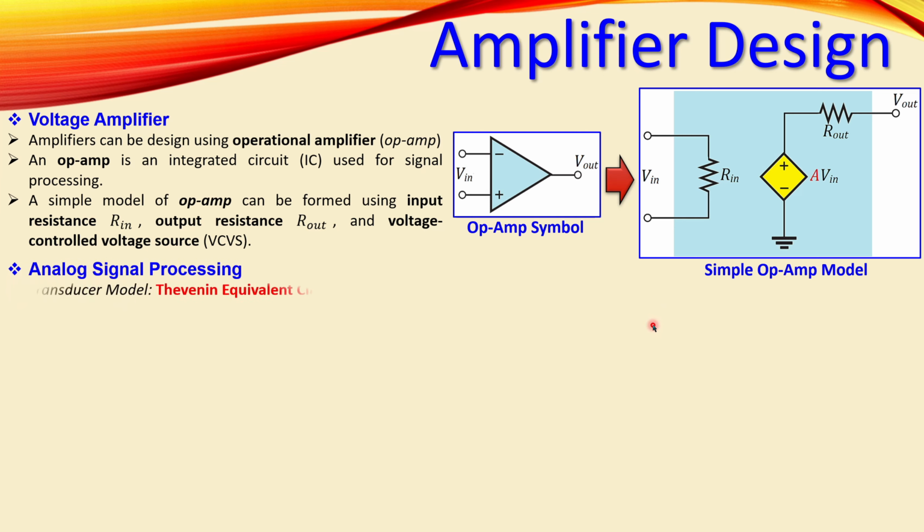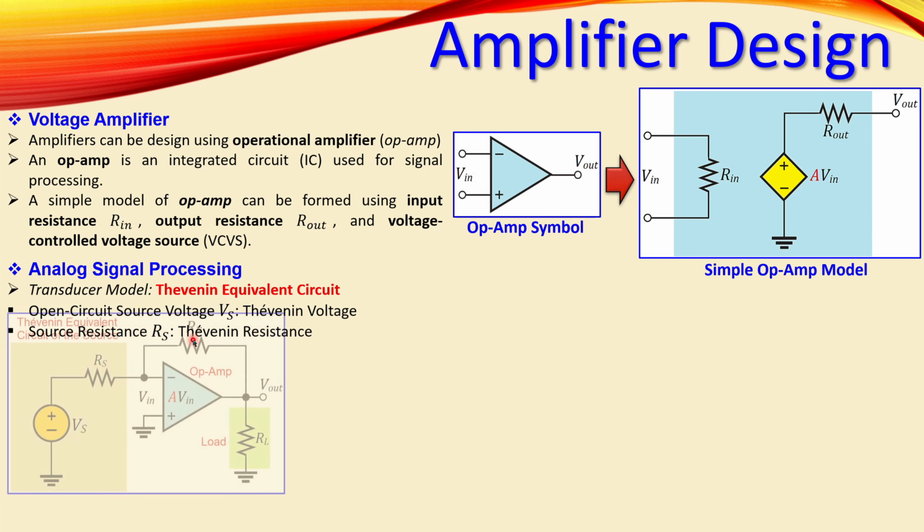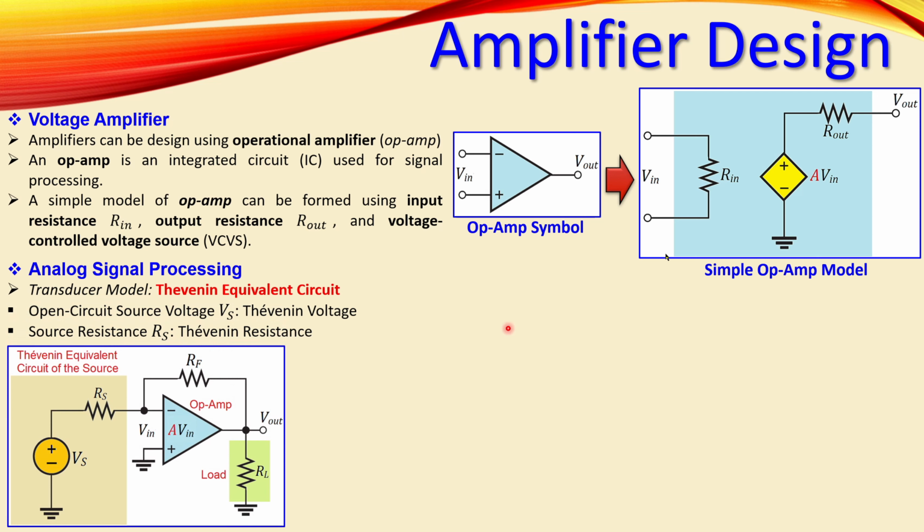For analog signal processing, we can also model our transducer, which is our sensor that gives the analog signals. The open circuit voltage of that sensor is the Thevenin voltage, and we also have a source resistance, which is then the Thevenin resistance. That is this circuit. Here is that source given in a shaded region in brown.